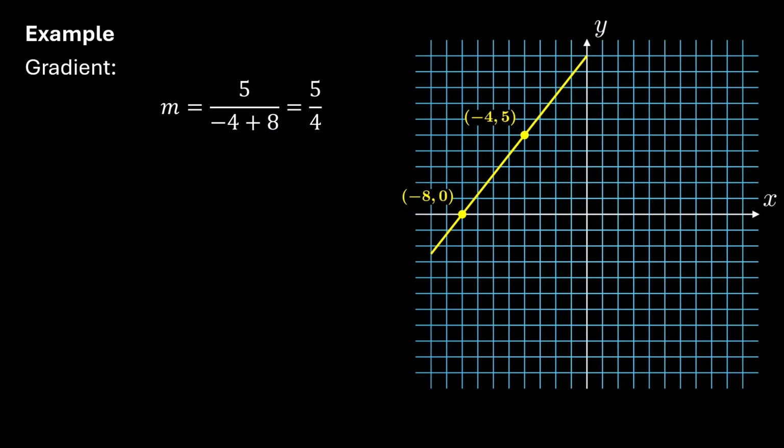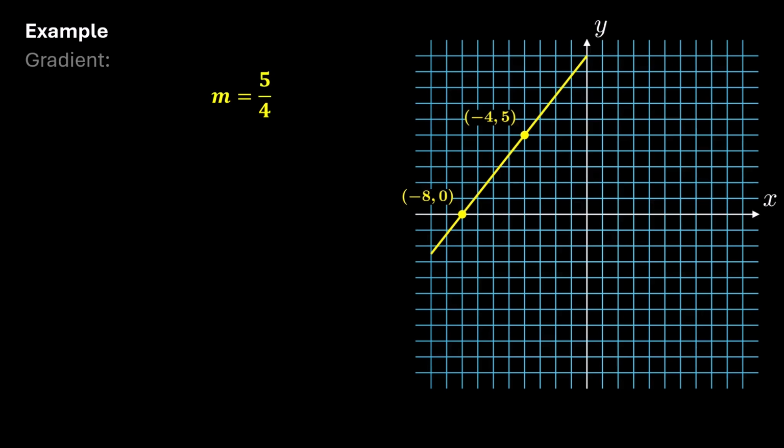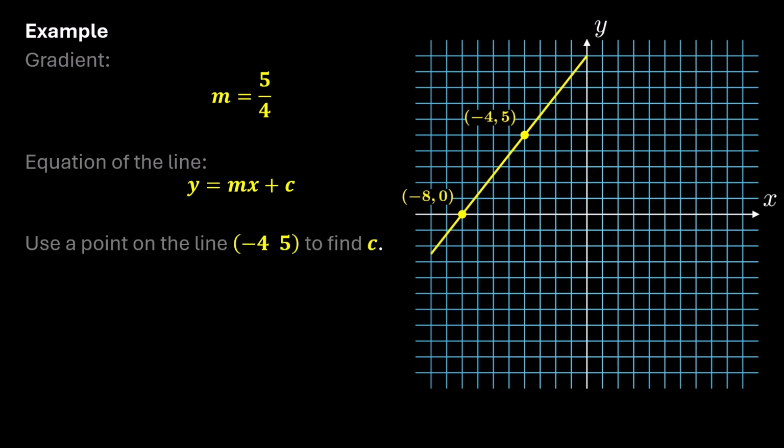Now that we have our gradient, we can use the general equation of the line and a point on the line, minus 4, 5, in order to find c. So let's substitute these values into the general equation in order to find our value of c.